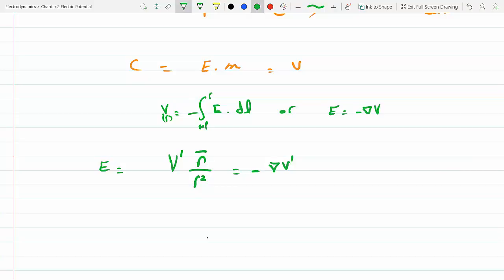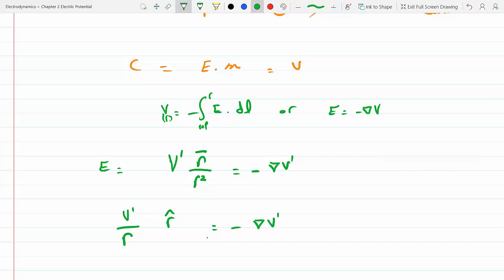Right? So that means V prime, if we make this unit vector R, this becomes one over R, because R hat is R vector over the magnitude. And this has to equal the minus gradient of V prime.